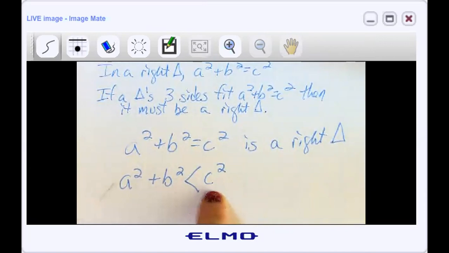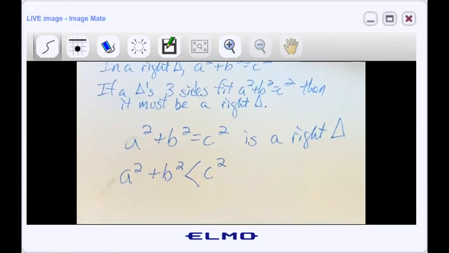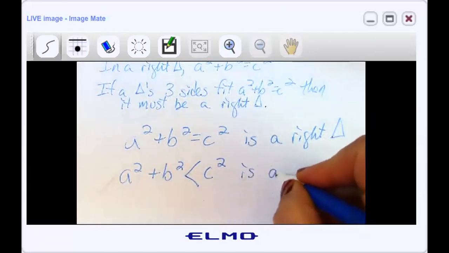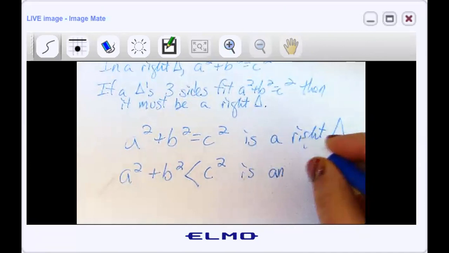And then we'll do a bunch, obviously, but now I can just compare the two values. So if a squared plus b squared is less than c squared, it's a right triangle. Or sorry, I was looking at the word right. An obtuse triangle.